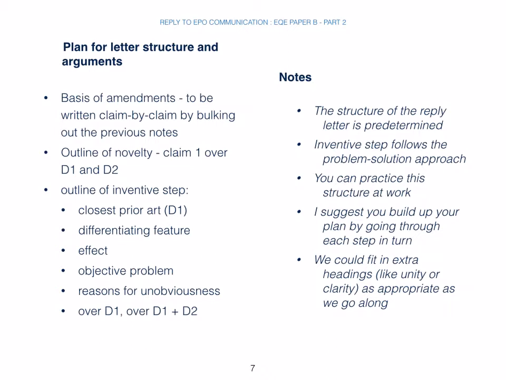We will make an outline of novelty of claim 1 over D1 and over D2 individually. And we will make an outline of inventive step, taking D1 as the closest prior art, bringing out the differentiating feature, the effect, the objective problem, and reasons for unobviousness over D1 and D1 plus D2.